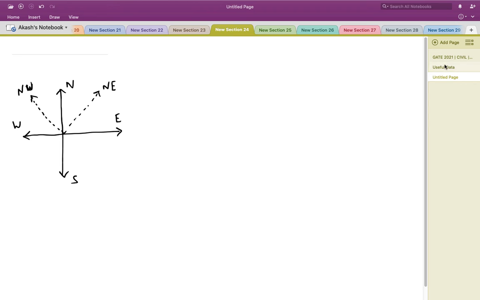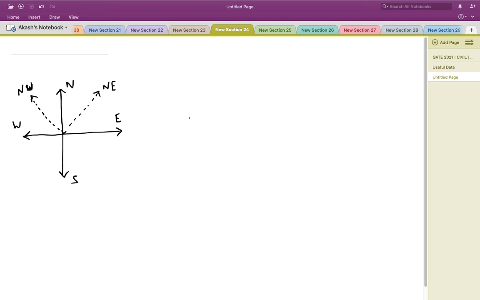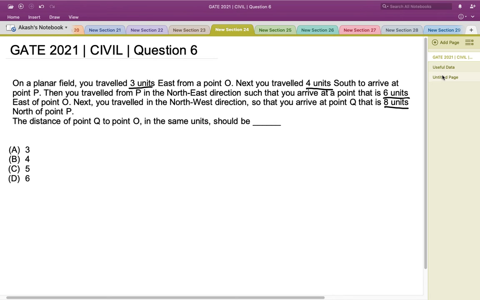Now the thing that is given to us in the question is that we have traveled 3 units east from the point O, and then we have traveled 4 units south to point P. So from point O we have traveled 3 units in the east direction, and then 4 units in the south to reach a point P.